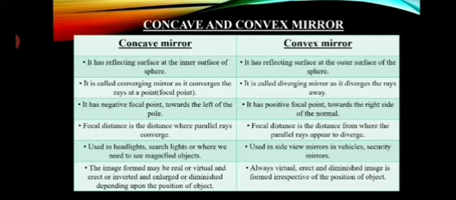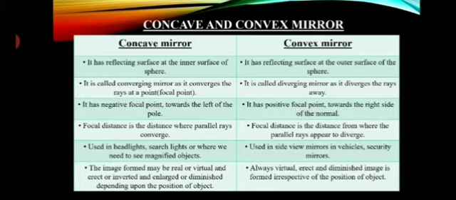It may be placed on the focal point, on the center of curvature, or between the center of curvature and the focal point, and there are many more possibilities. So depending upon that, the image may be real or virtual.